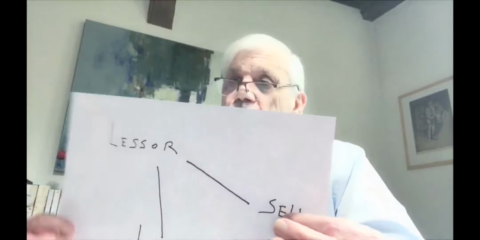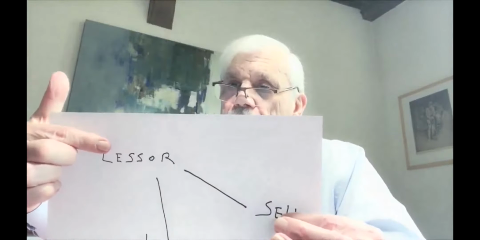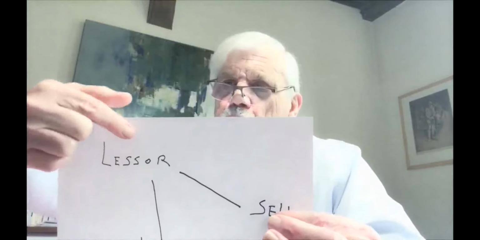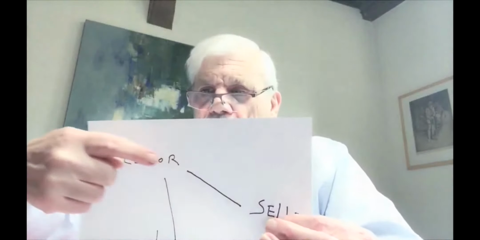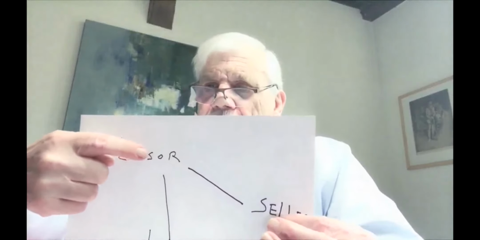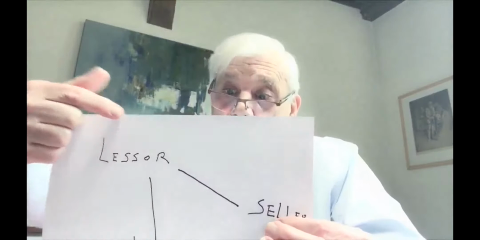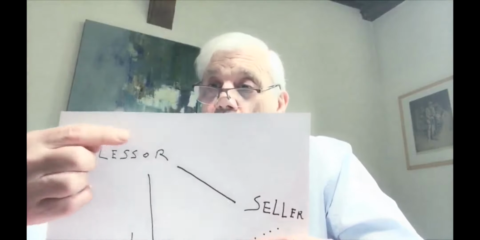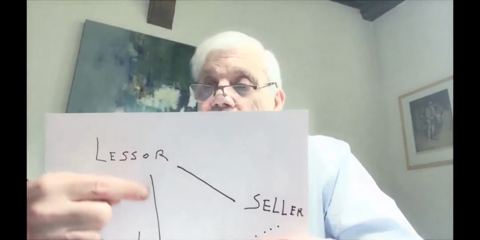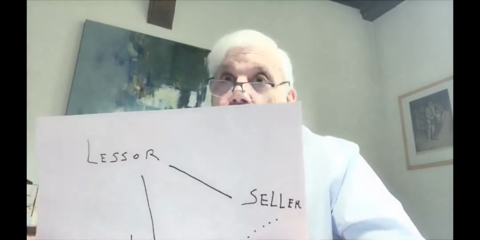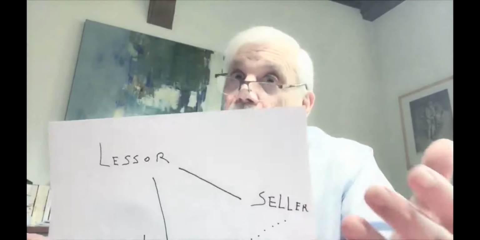So he finds a financial institution, which will purchase the goods from the manufacturer, the seller. So there will be a contract of sale here, and then the institution will lease it to the lessee for a certain time, for instance 5 years.